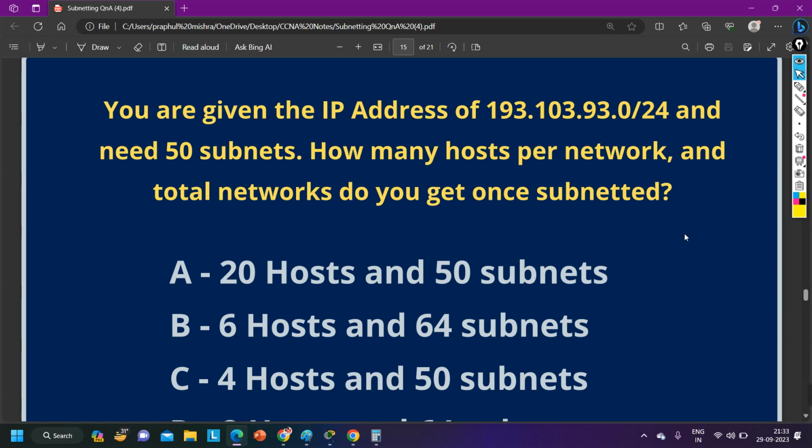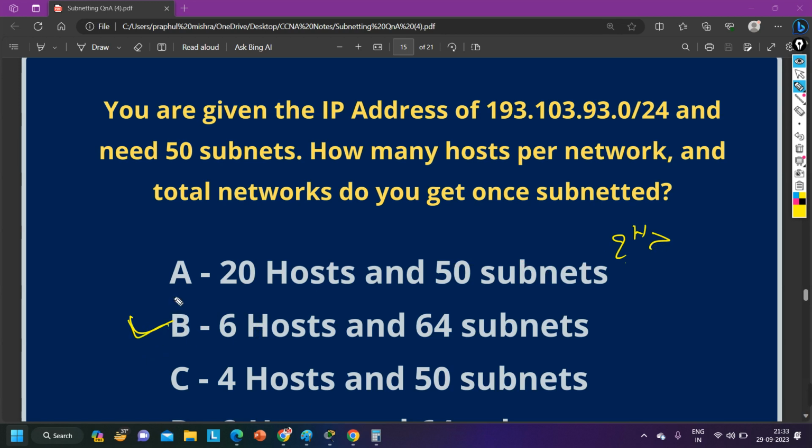I need how many subnets? 50. So the formula is 2 to the power n. Option B: 6 hosts and 64 subnets. Yes, this is the correct answer.